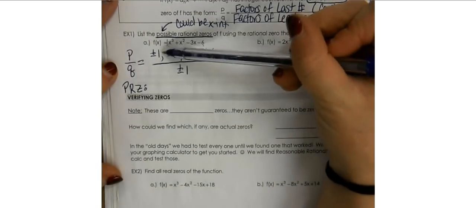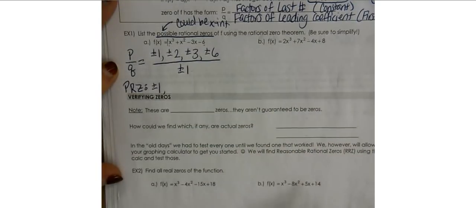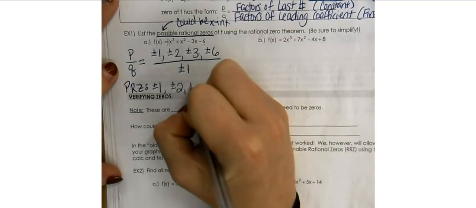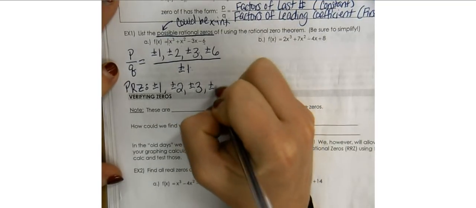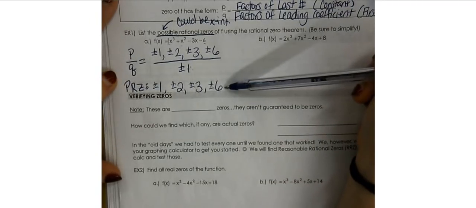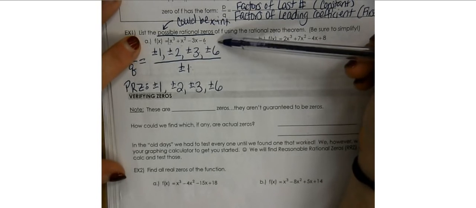So I'm going to divide 1 over 1, which is plus or minus 1. Every single one of these numbers will have a plus or minus in front of it. 2 over 1 is 2, so plus or minus 2. 3 over 1 is 3, plus or minus 3. 6 over 1 is 6, plus or minus 6. So all of these numbers are possible rational zeros for this polynomial.